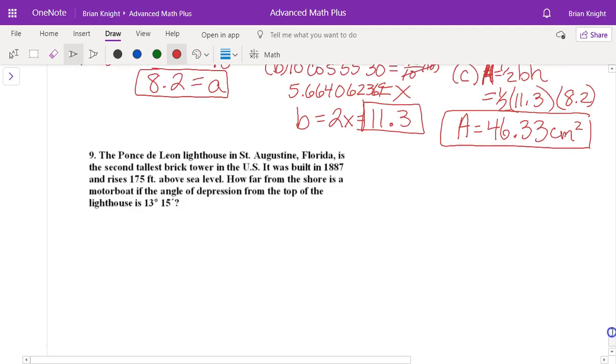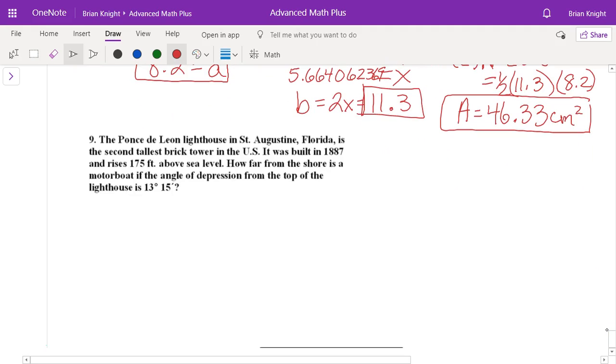We got a lighthouse. I get to draw. They made fun of my drawing in first block, so I'll try to do better this time. A lighthouse. Need Coach Glover to come by. Coach Glover, he's got some good stick figures. Yeah, it looks like a chess piece. Very radiant chess piece.